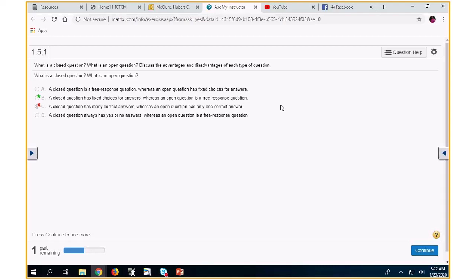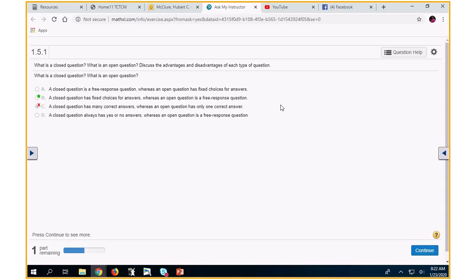No, that's a leading question because I'm trying to get you to think negatively about the question as I ask it. You go over what types of questions to use, and one of them is open question versus closed question. I'm just going to give you the definition. The closed question has a fixed choice of answers versus free response.